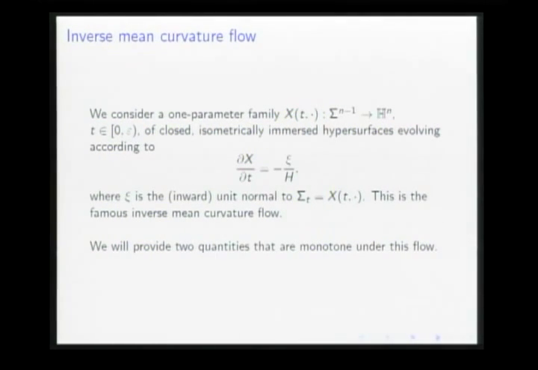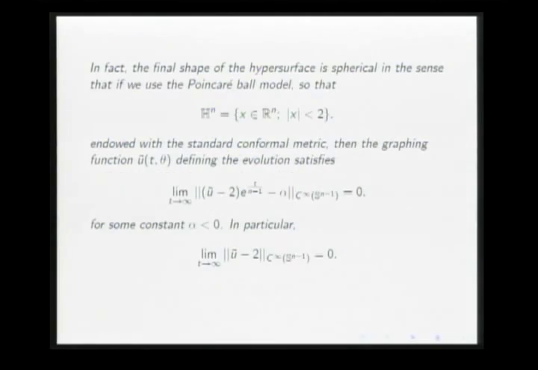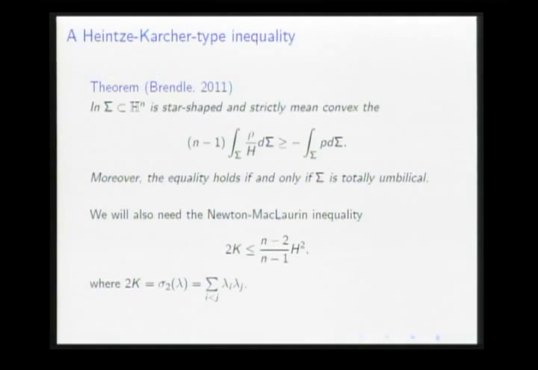So the idea is to use inverse mean curvature flow to prove this inequality. And we actually found two monotone quantities under this flow. We used the work by Gerhardt.